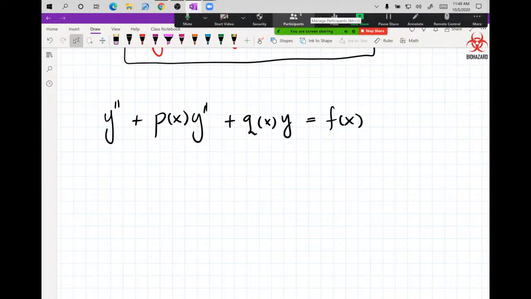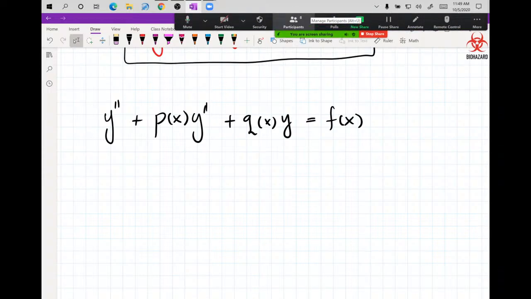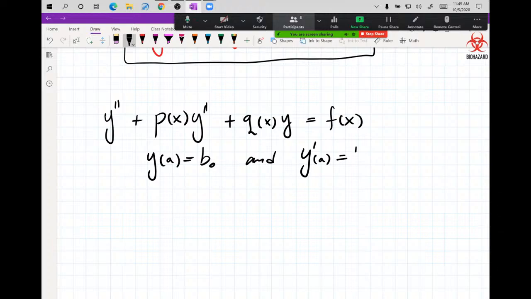And for this system, we have the initial conditions y of a is equal to b0 and y prime at the same point a is equal to b1.